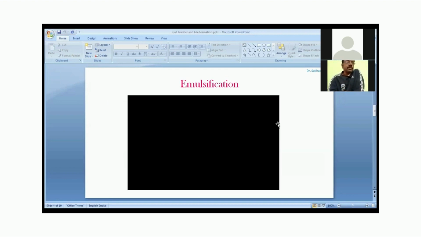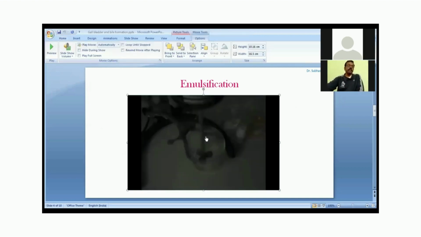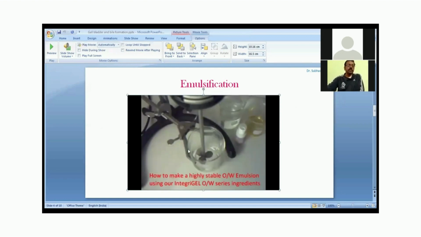So I have a short video for you to show how emulsifying agent can facilitate formation of emulsion. So this is a beaker in which this one is a mechanical stirrer. You are pouring water here, and then you will pour oil here. See, oil and water do not mix together.